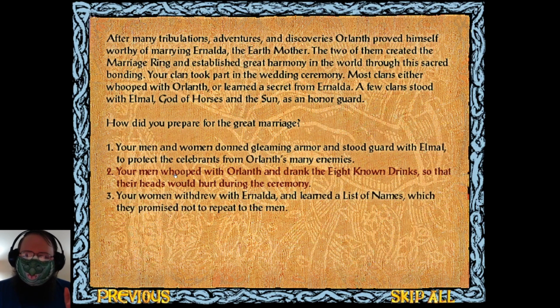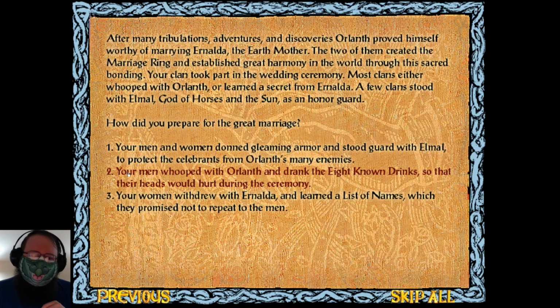This is one of the things I learned. It's not really much of a secret, and probably most people would learn it after a few playthroughs, but this is basically deciding who your main god is. If you stood guard, you start with Elmal. If you whooped with Orlanth, you join Orlanth. If your woman withdrew with Ornalda, you start with Ornalda.